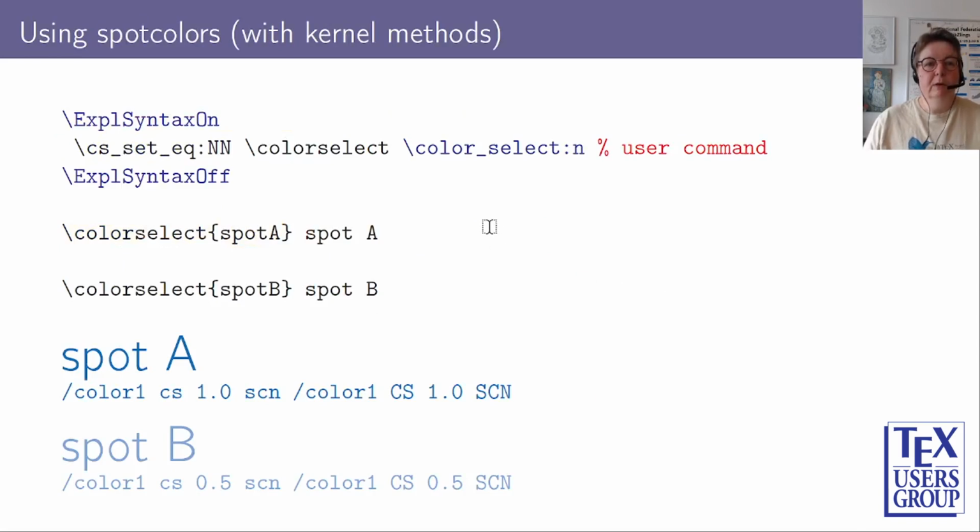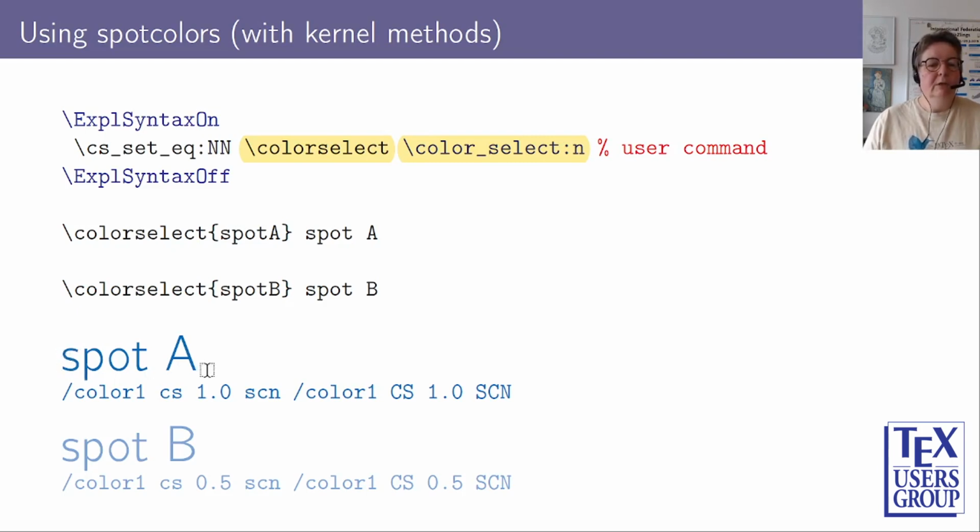To use a spot color, you only need to select it. To ease the examples, I first defined an alias for the expl3 command color select, which I will call color select, but you could use whatever name you want here. If you select our colors, spot A and spot B, then we get something like here below.